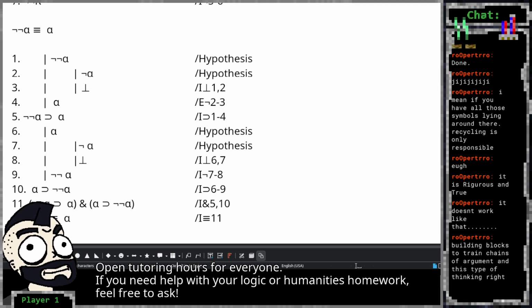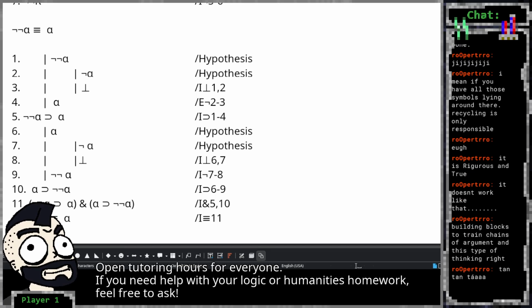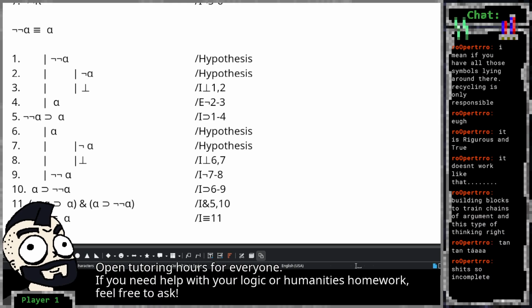Building blocks to train change of argument and this type of thinking, right? Yep. So it's not that this method of reasoning is wrong. It's that it is either too simple to do anything relevant, or once it gets complex, it becomes incomplete.